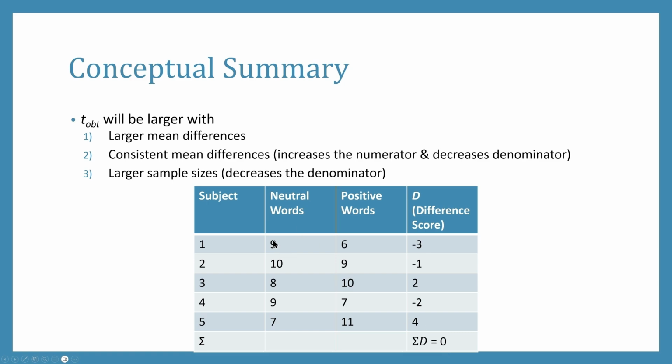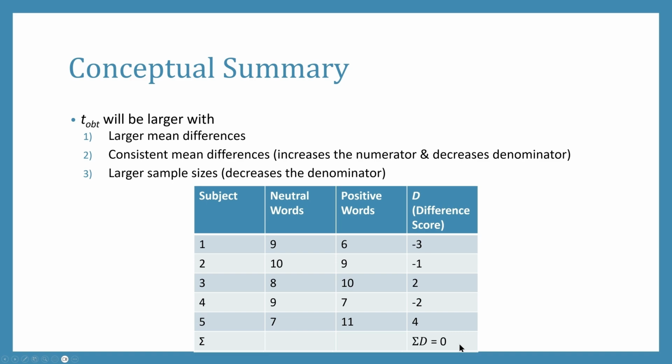Say we have this person, they remembered 9 neutral words, but 6 positive words. Their difference score is -3. This person remembered 10 neutral words, 9 positive words. They're -1. But these 2 people, this person gained 2, this person gained 4. And so if you add all these up, it ends up summing to 0. So basically our numerator is 0 and there's just basically no difference.